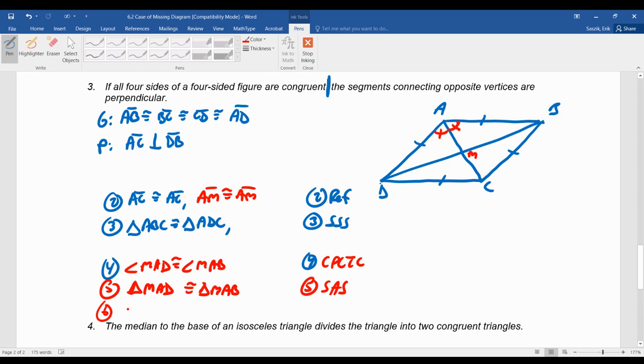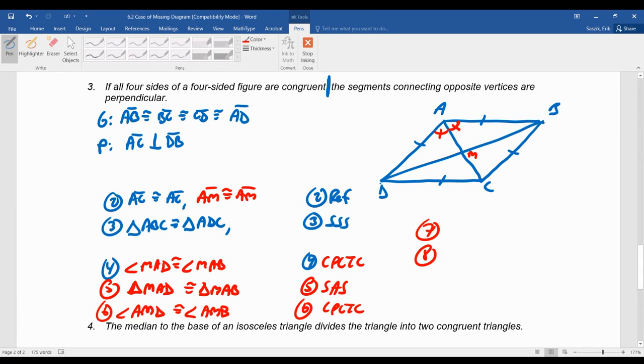And then I can take the angles in the middle, angle AMD congruent to angle AMB. Remember, I have to show that they're right. And that's by CPCTC.